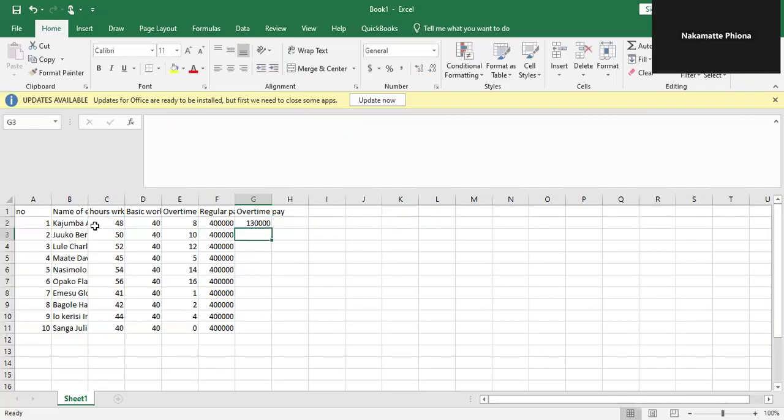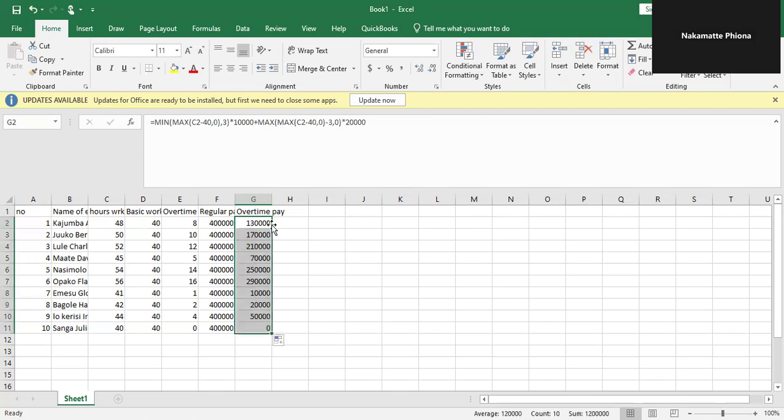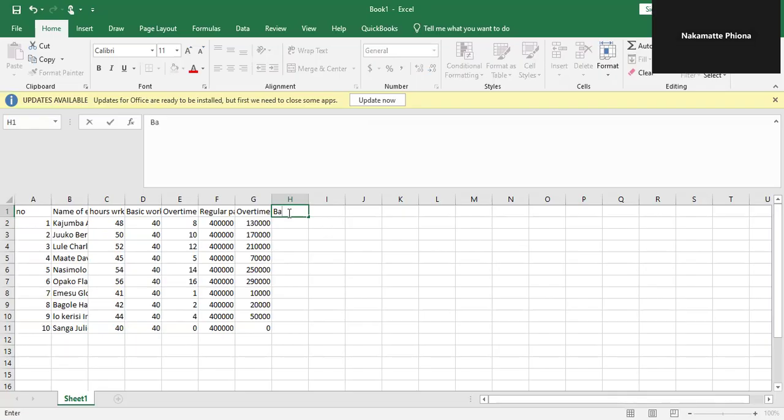Enter. So Juliet doesn't have overtime pay. Then calculate the basic pay of each employee: regular pay plus overtime.